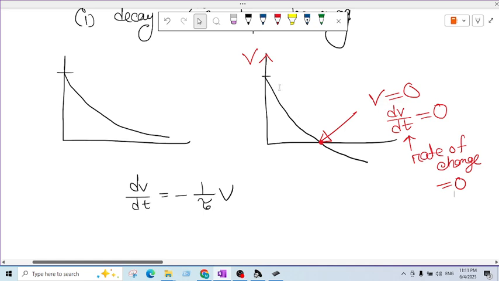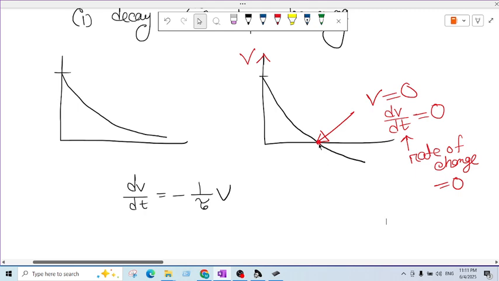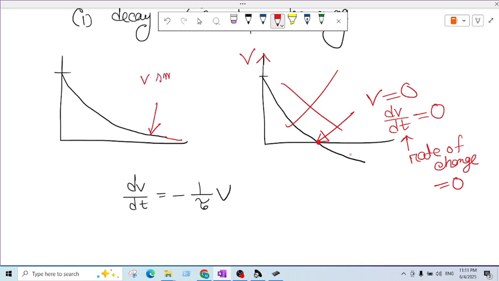The equation says the voltage cannot be negative, but the graph is showing me that the voltage is going negative. That means this graph is not true. And if I analyze this graph, let's take a point here where v is not 0, but v is very small.